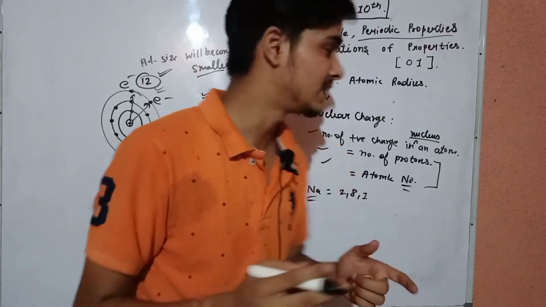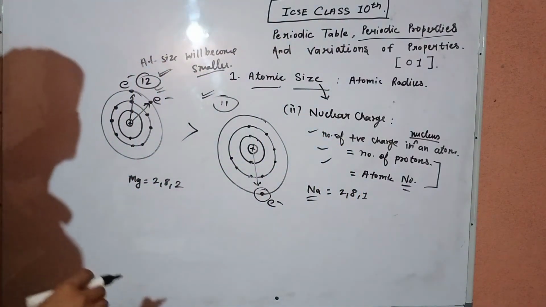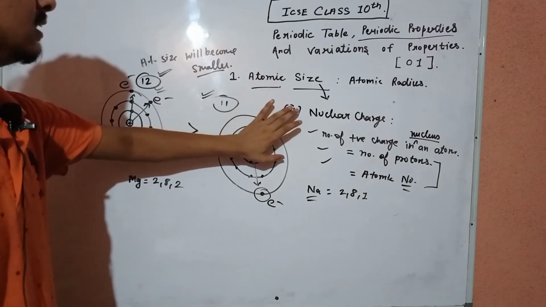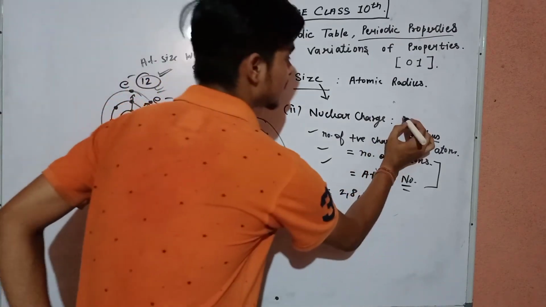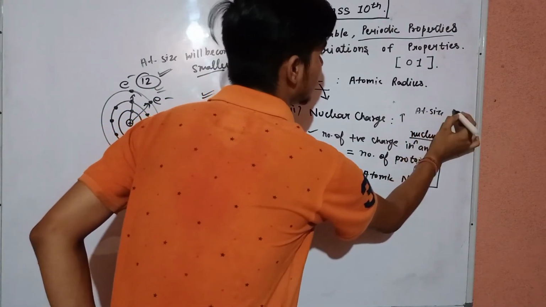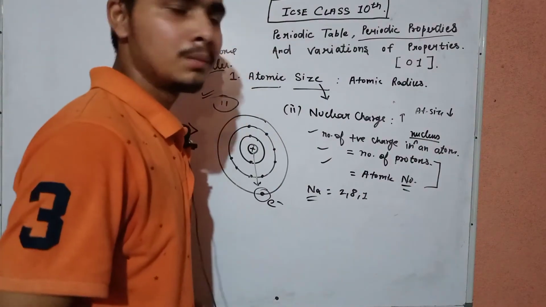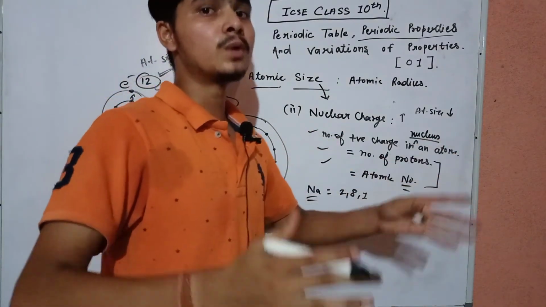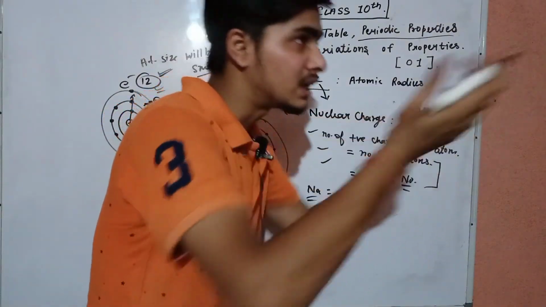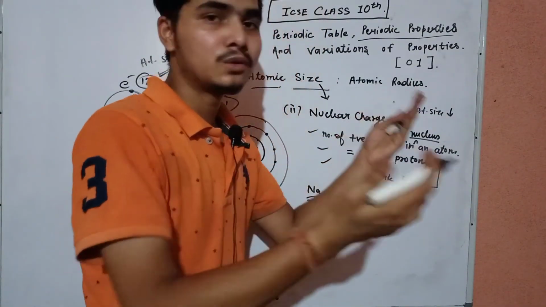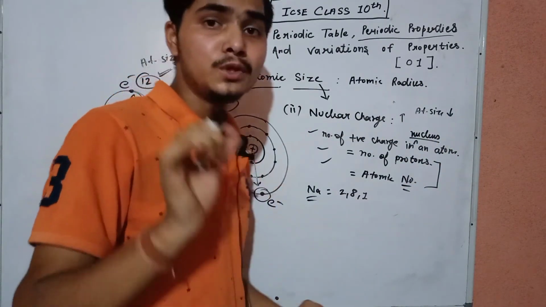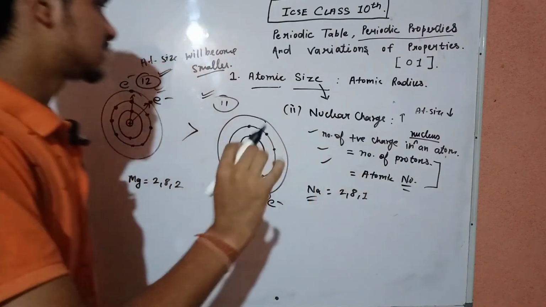How interesting is that? So I have tried to explain to you how atomic size depends on nuclear charge. If nuclear charge is more, then the atomic size will get reduced, because if there are more protons, then it will attract the negative electrons towards itself, thus making the atom smaller. I hope you understood the funda behind this concept.